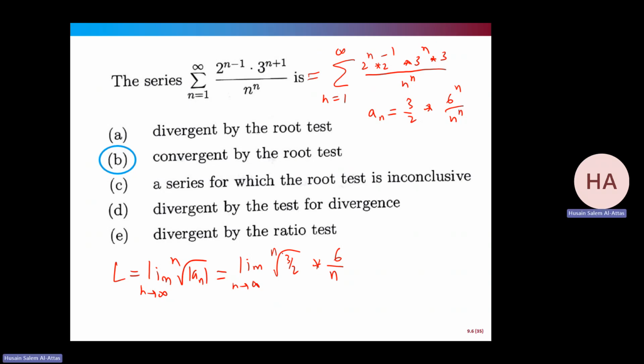That is 3 over 2 to the power 1 over n, which gives you 1, times 6 over n, which goes to 0. So this is 3 over 2 to the power 0, which is 1, times 0. This is done, L is 0. So the series converges. Actually, it converges absolutely.